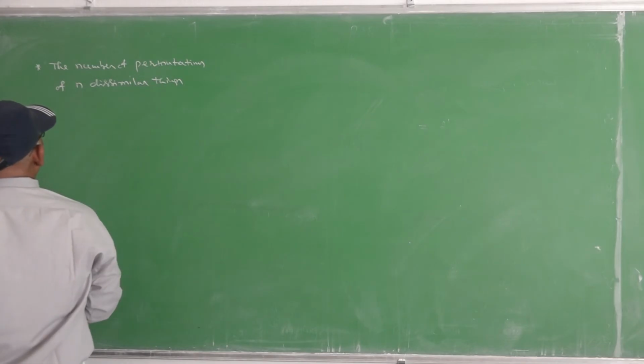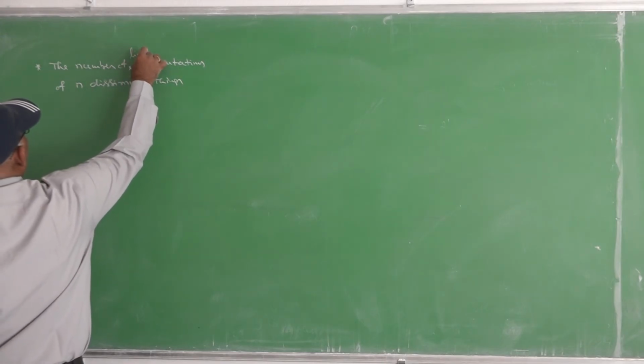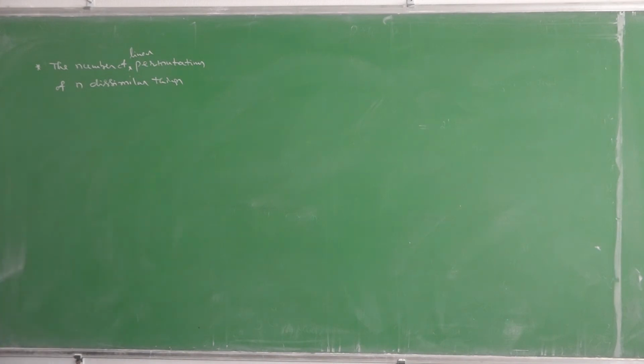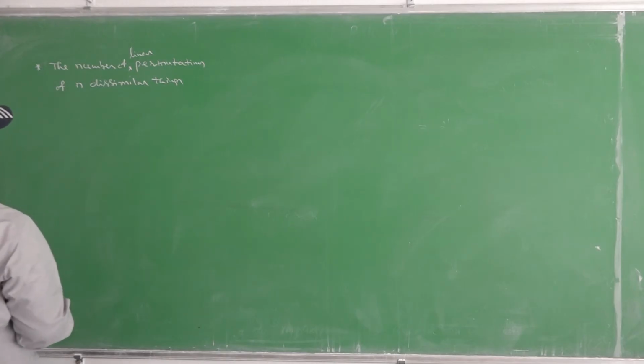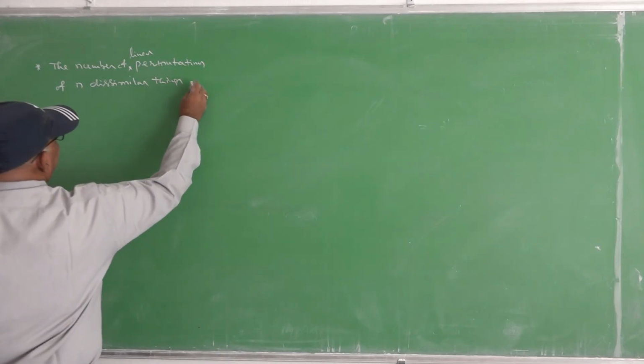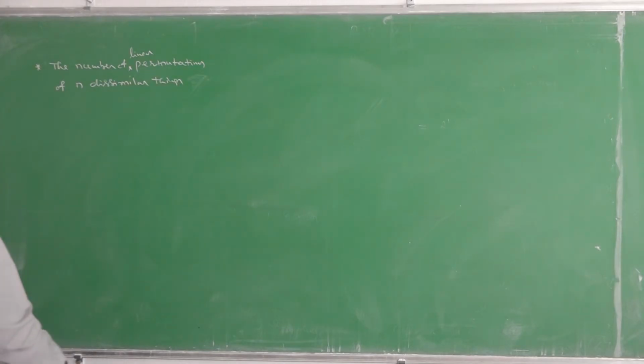The number of linear permutations of n dissimilar things taken all at a time, or taken r at a time.